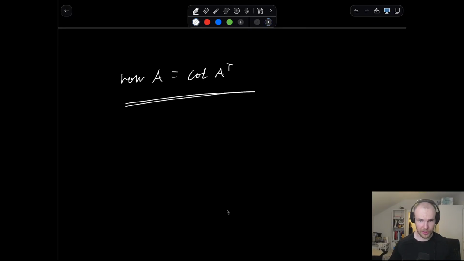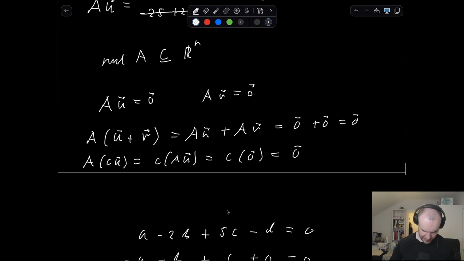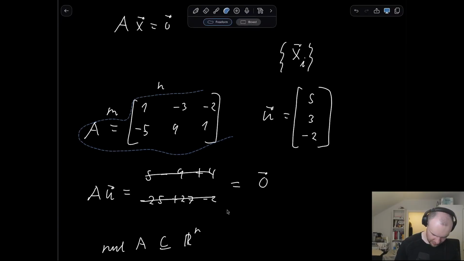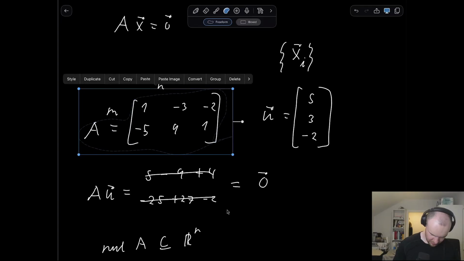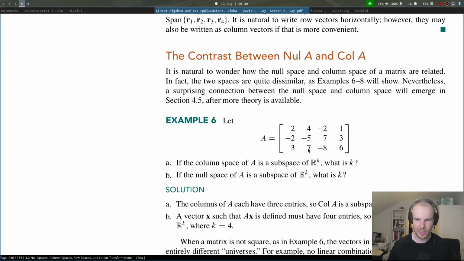So we need to move back here. In example 6, isn't that this one? I'm pretty certain. Or was it something else? Example 6. No, it's that big one. Ah, of course. I felt something was wrong there. Okay, so I just write that down.